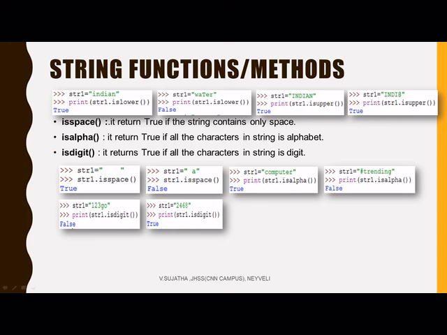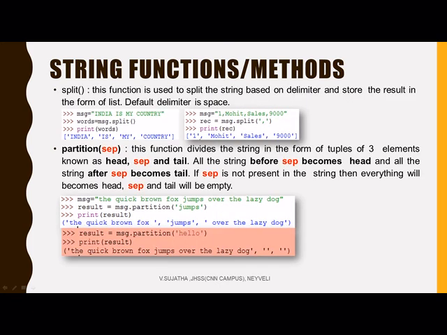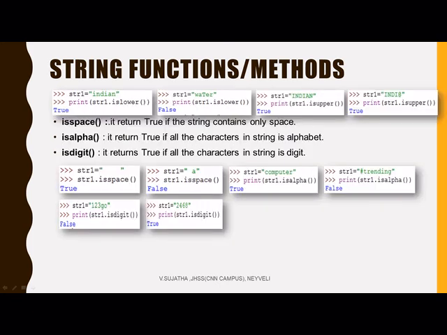Now only one character I have changed to a capital letter and I am checking islower. It will return false. Here all the characters are capital letters. If I check using isupper, true. Here only one character is different, that is a special character. So if you check, it will return true. See, the other characters are capital, so it will give the answer true.